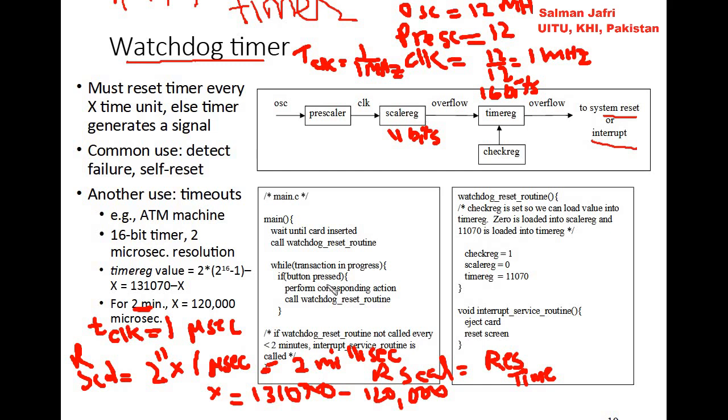So if the transaction is in progress, right, and the watchdog reset routine is not called every less than 2 minutes, the interrupt service routine is called, right, because the watchdog timer overflows and it interrupts.